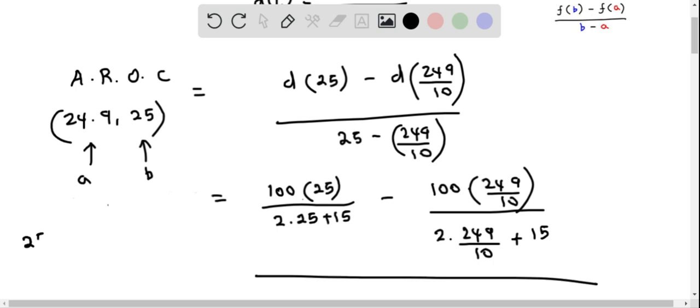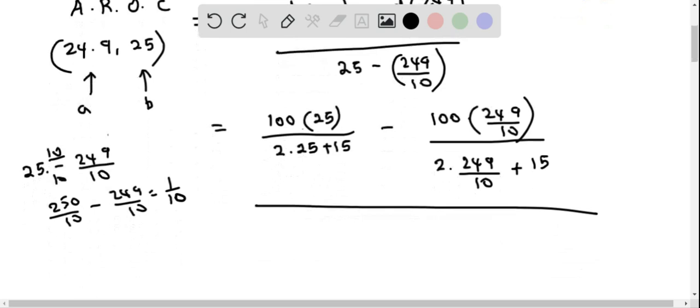We can simplify this. 25 minus 249 over 10. So here the common denominator is 10. So I multiply this by 10 and divide by 10. So it is 250 over 10 minus 249 over 10, and this equals 1/10. So I put 1/10 in the denominator.